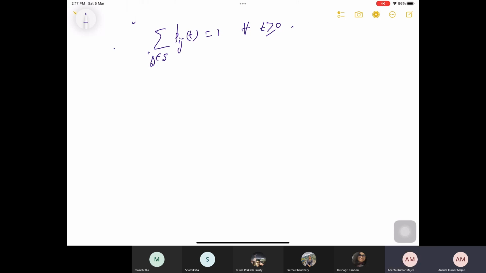So like in discrete time Markov chains, what we have proved is that Pij(n+m) is the summation over k of Pik(n) and Pkj(m), something like that. We wrote it down as the Chapman-Kolmogorov equation.